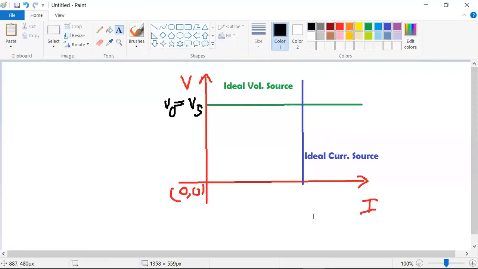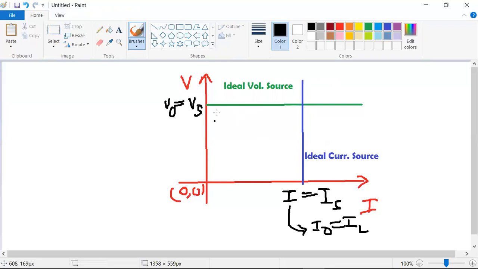Let me show that point clearly. I means I naught or I load, both are the same. Instead of mentioning I, you can mention I naught or load current. I is equal to Is, the supply current. Load current or output current is equal to supply current, which is called an ideal current source.